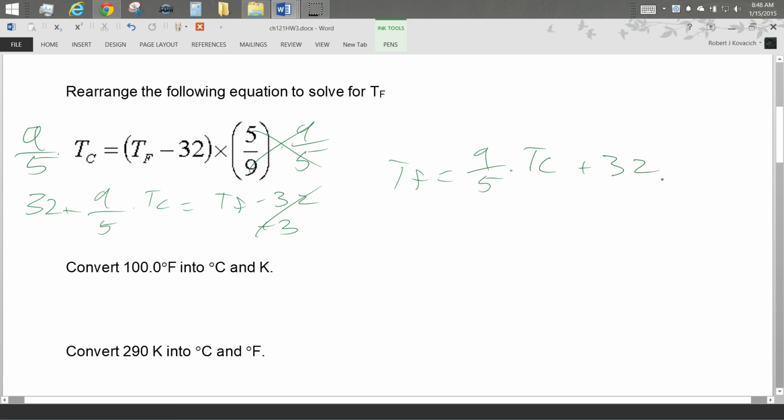Okay with that? I'm going to put this equation on the test, but if you want a way to remember it, body temp in Celsius is what temperature? 37 degrees Celsius. And in Fahrenheit, body temp is? So the Fahrenheit number is bigger, right?